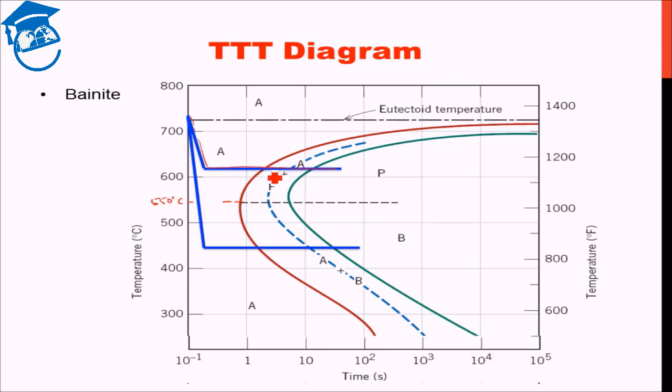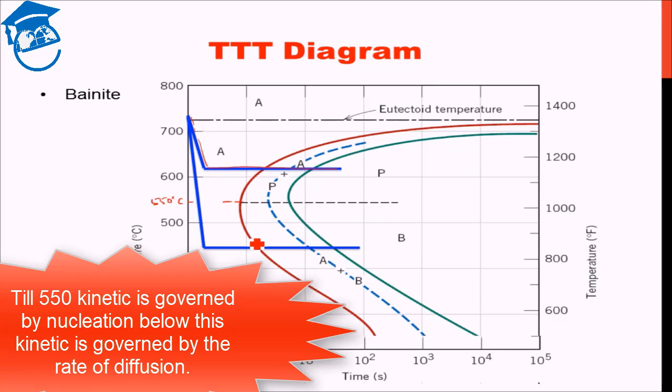Why? Till here, till 550 degrees Celsius, the kinetics was governed by the amount of time taken for nucleation. Below this temperature, the kinetics is governed by the rate of diffusion. If you remember, I discussed nucleation and growth. So this was driven by nucleation, this is driven by growth kinetics.